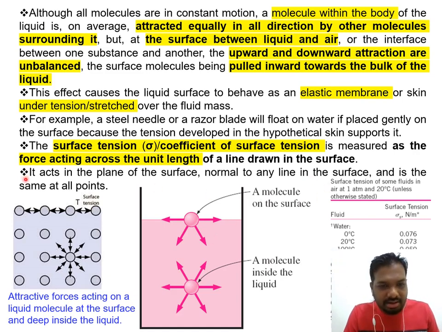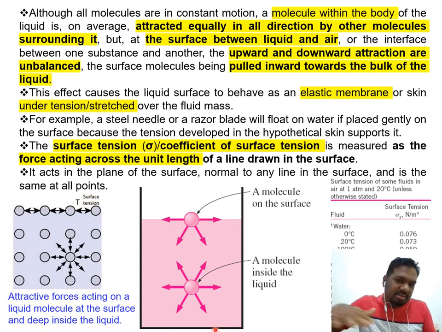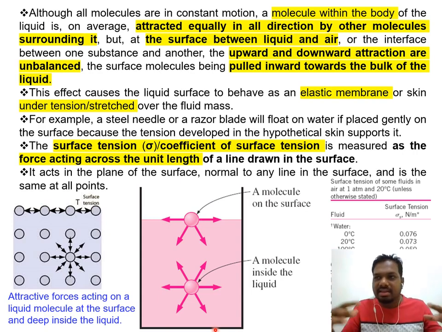It acts as a plane of surface normal to any line of surface and is the same at all points. Meaning you have your container with fluid inside, and throughout the surface it has the same kind of force acting to make it a surface tension.